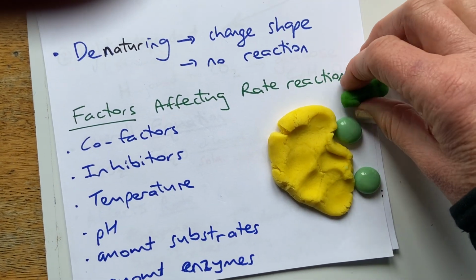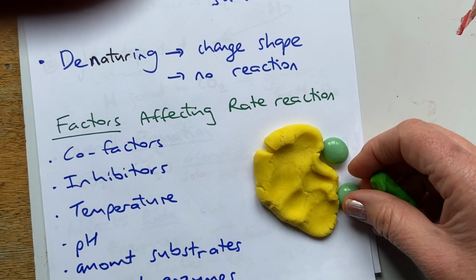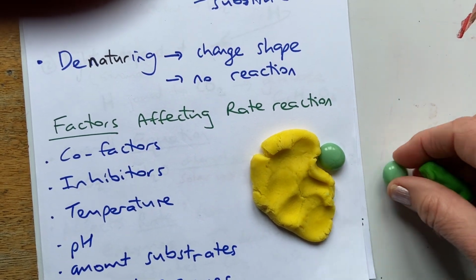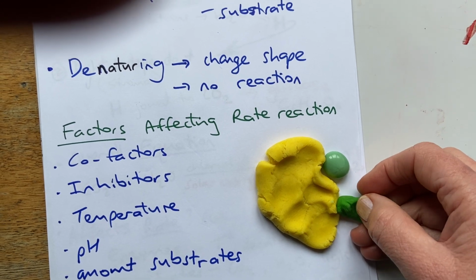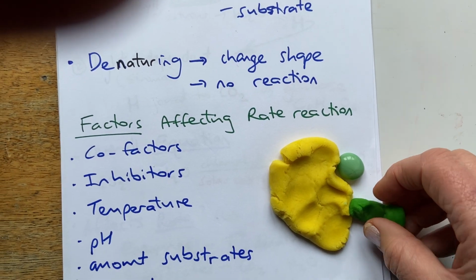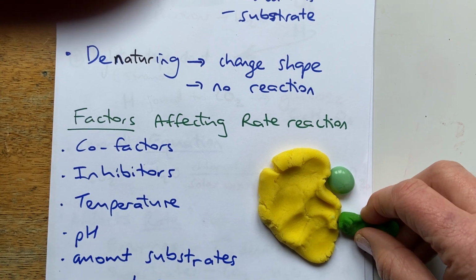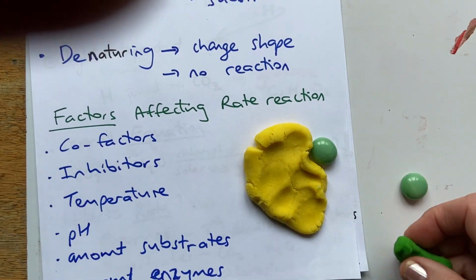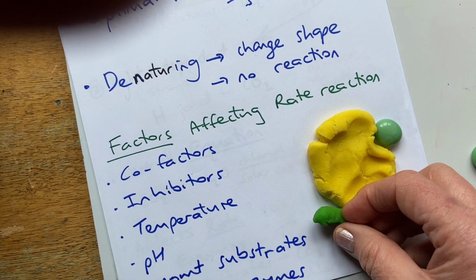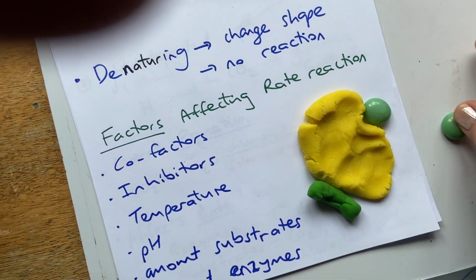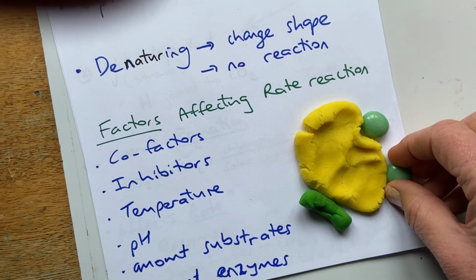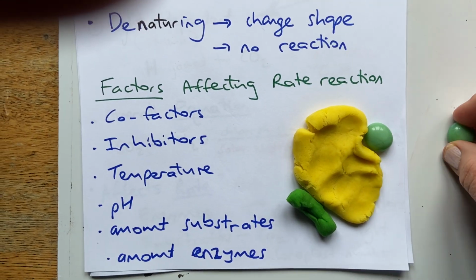They stop things happening, and so an inhibitor can either be a competitive inhibitor and compete with the substrate for the active site, and it goes in place of the substrate in the active site, or it can be a non-competitive inhibitor where it actually attaches somewhere else on the enzyme, but attaching there changes the shape of the active site so the substrate can't fit. So they're slightly different to each other.